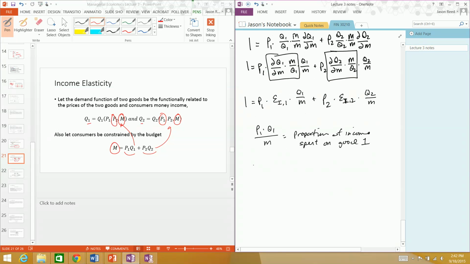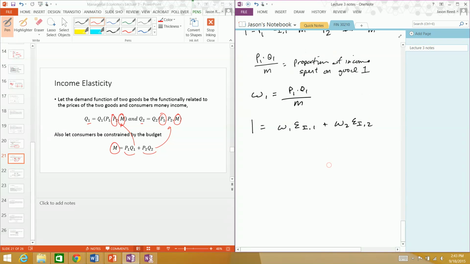And let's say that's omega. Omega is equal to P1 times Q1 divided by M, so that we get 1 is equal to omega 1, income elasticity 1, plus omega 2, income elasticity 2.